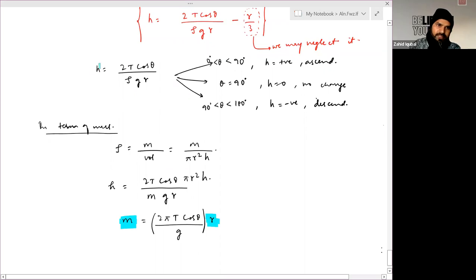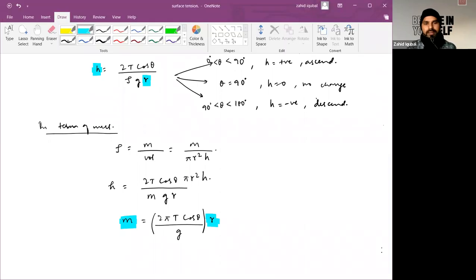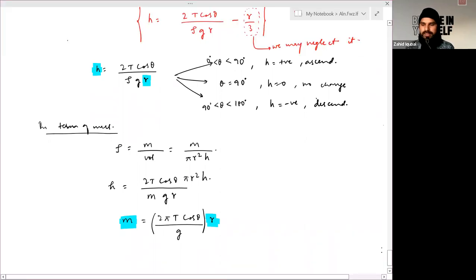But in the above term, height is inversely proportional to radius of capillary tube. So just remember these two relations. In NEET, there was a question: a tube of radius r carrying a mass of 5 gram. How will mass be changed if radius of capillary tube is changed to 2r? So you'll say since mass is directly proportional to radius, mass will also become double. So it will carry 10 gram. Okay?